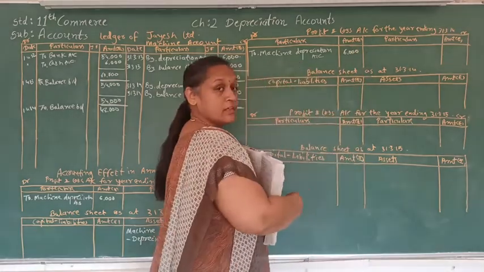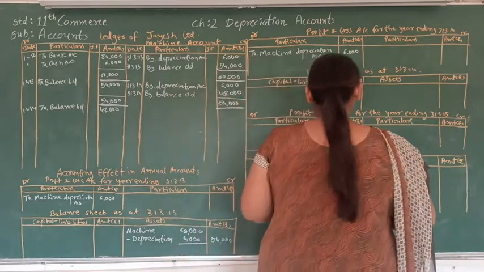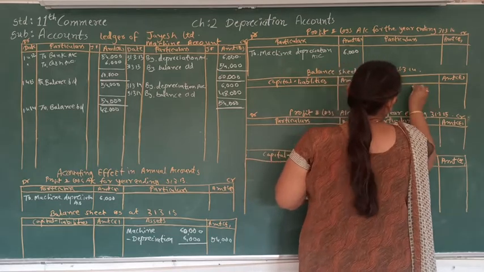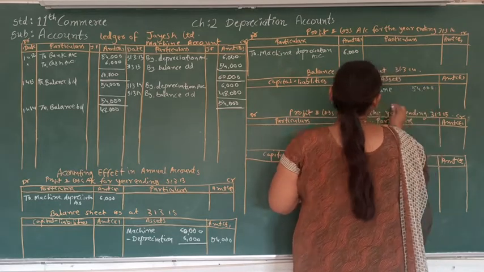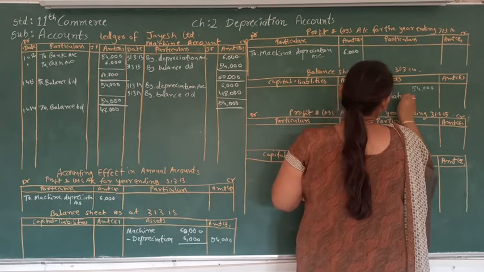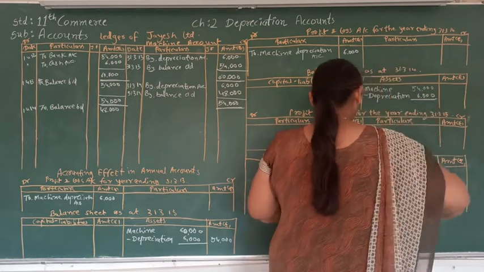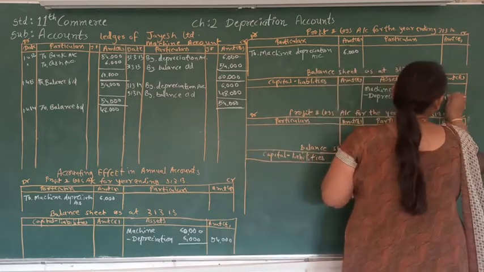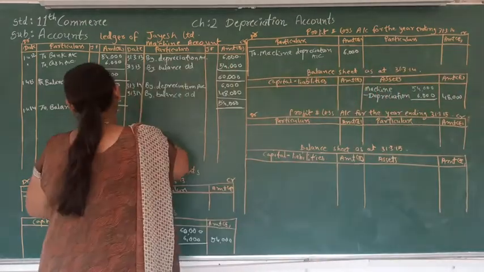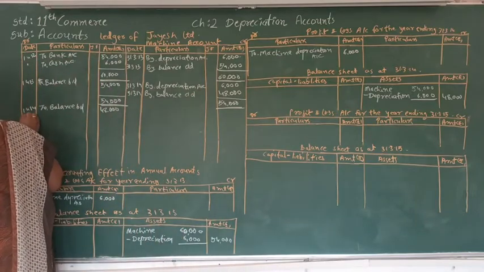And for the balance sheet, as we know the opening balance was 54,000, so here we will write machine account 54,000, and from that we are going to deduct the depreciation, that will be 6,000. So at the end of the second year the balance of the machine account will be 48,000.